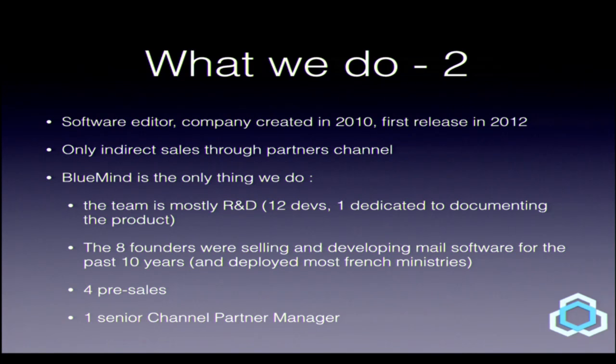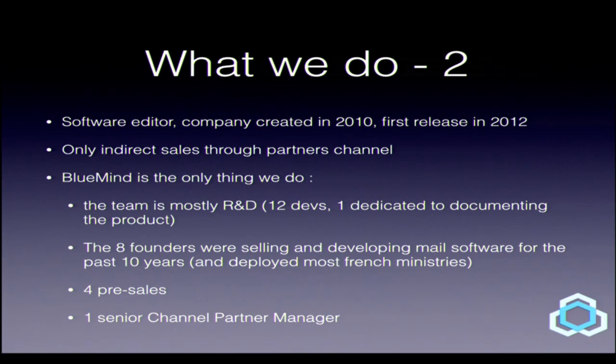The team is mostly research and development with 12 developers, one full-time dedicated to documentation, because I guess it's very, very important to have good documentation for your open product. We cannot say to our users, well, you have the source code, so you can guess how it works. No, we have complete documentation for everything.